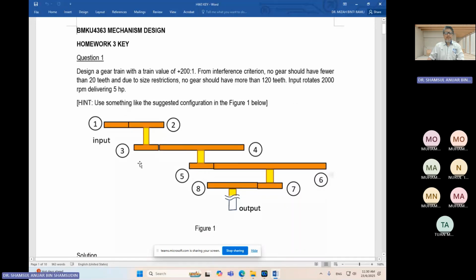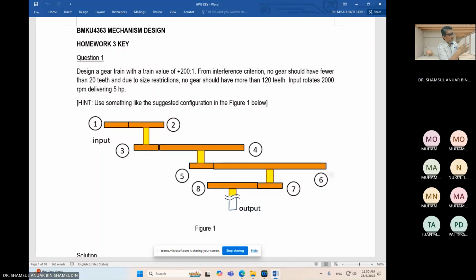When you have this kind of problem, you must decide how many stages you want. Do not do this in one stage, because the maximum VR you can go for a pair of gears is 10.